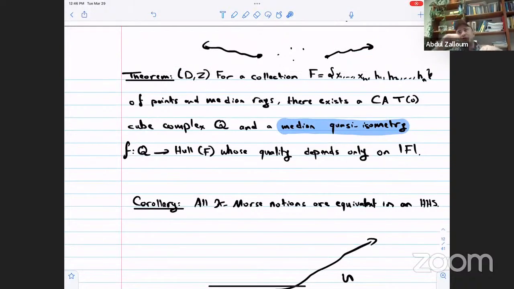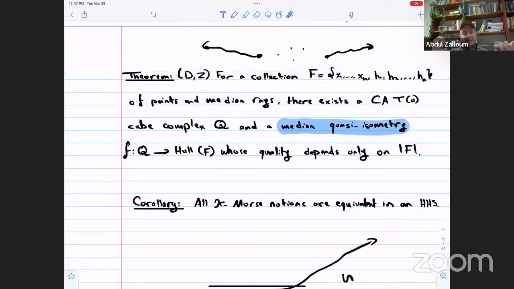So in general, if you have two CAT(0) cube complexes and you have a quasi-symmetry between them, convex sets don't have to go to convex sets. But if you have a median quasi-symmetry between them, then convex sets will have to go to convex sets.